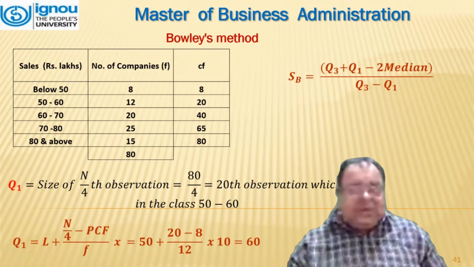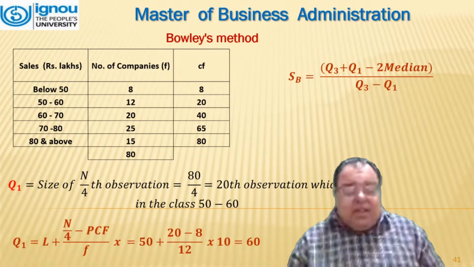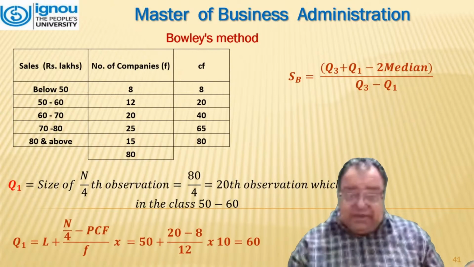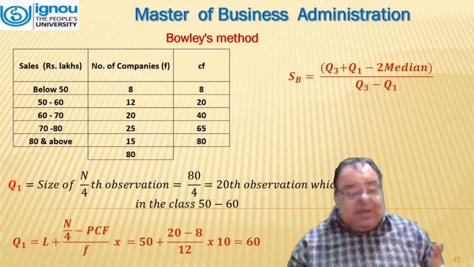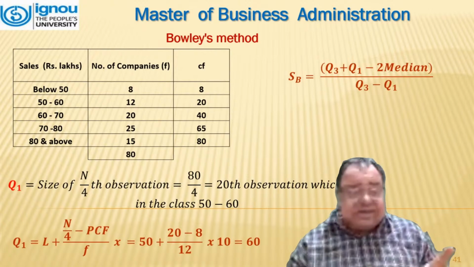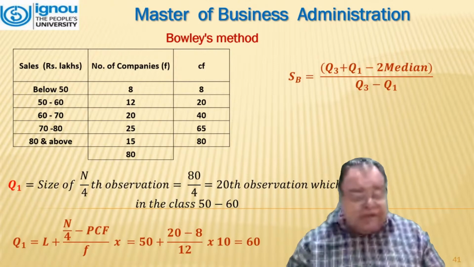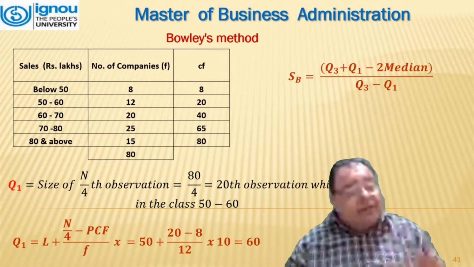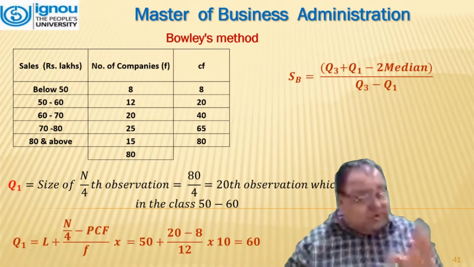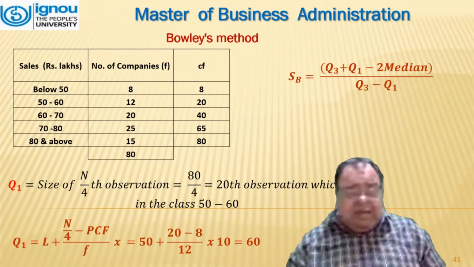You know that Q1 is equal to L plus N by 4 minus PCF upon F into I. L will be 50. N by 4 is 20. PCF is the cumulative frequency of the preceding class. Our class here is 50 to 60. The cumulative frequency above 20 is 8. The frequency of the Q1 class is 12. And the difference between the upper limit and lower limit is 10.